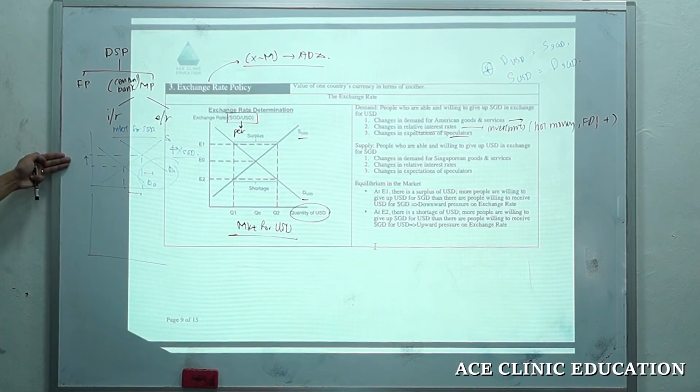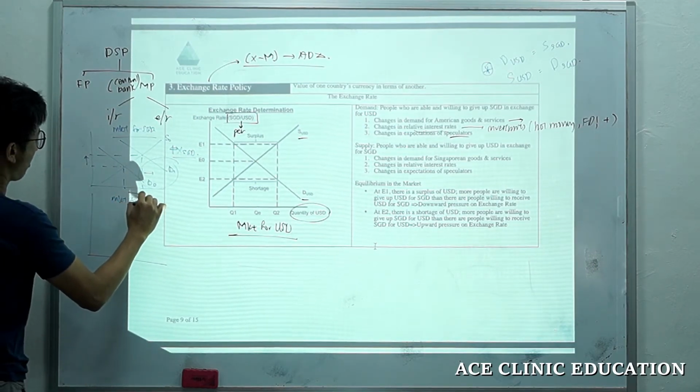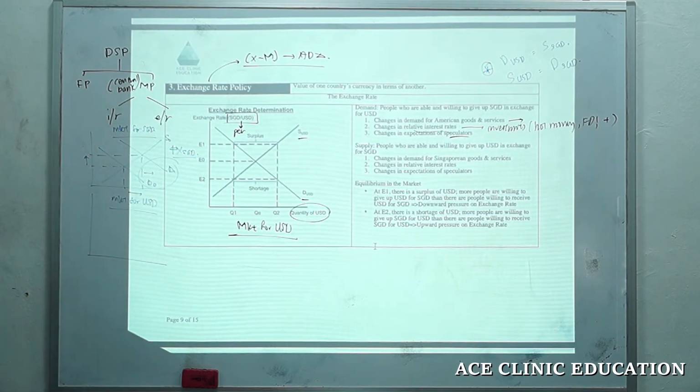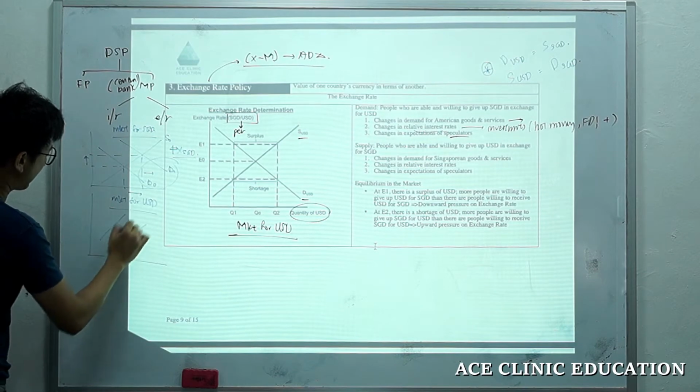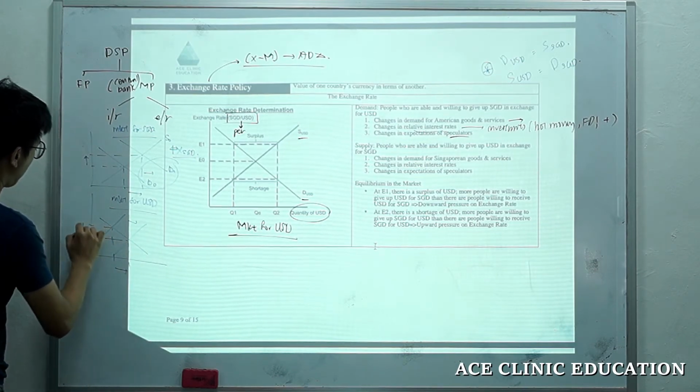Then you must be able to draw the equivalent thing in the market for USD, and tell me how it looks. So if demand for SGD is rising, the equivalent is that the supply of USD must be rising. Okay?